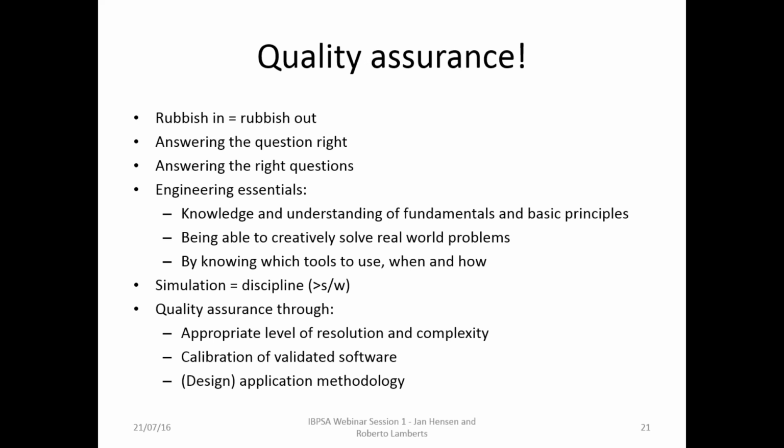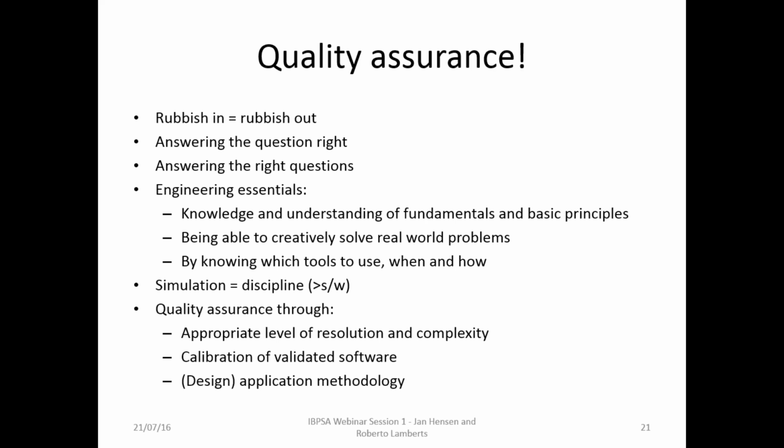Whenever we use modeling and simulation, quality assurance is really very important. And it's actually very difficult to do as well. We all know the term rubbish in is rubbish out. We also need to think about, it's not only about answering the question right, but we should answer the right questions, which is not exactly the same.